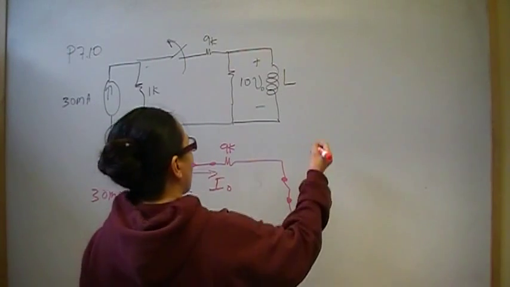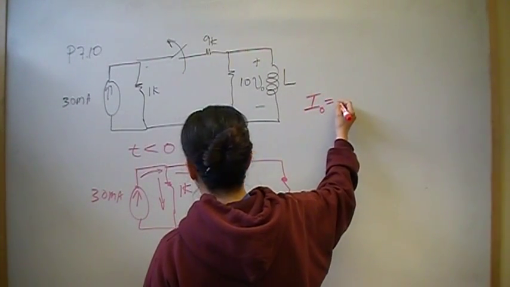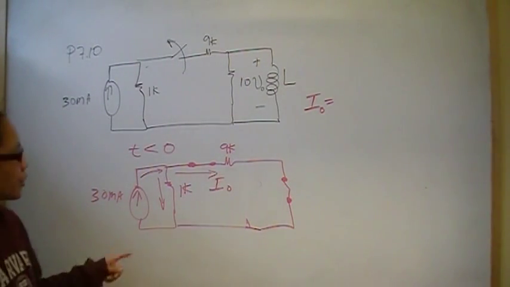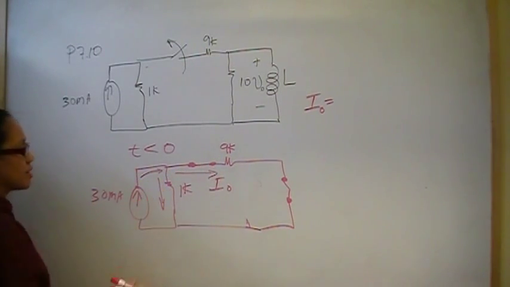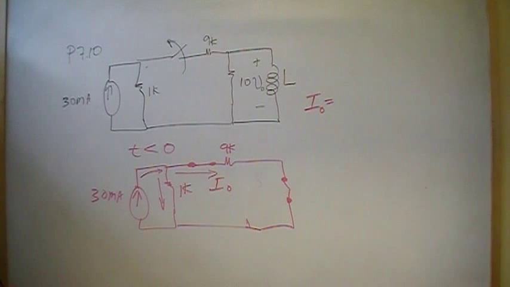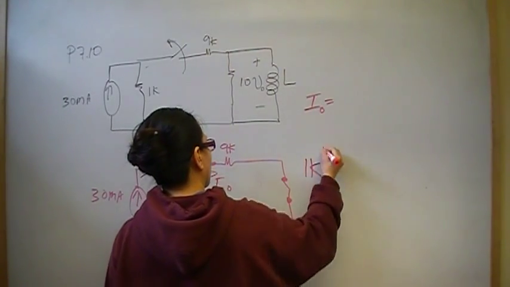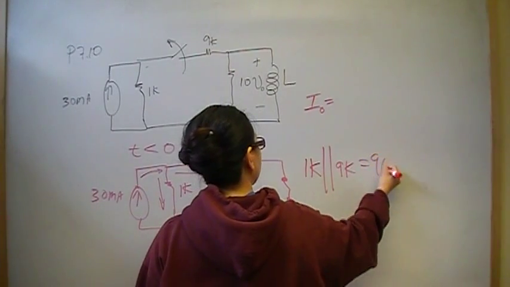So I0 is going to be found using current division. Current division says that the current through a particular branch is the equivalent resistance of all the parallel connected branches divided by the one that you're interested in, times the source current. So 1K in parallel with 9K is 900.